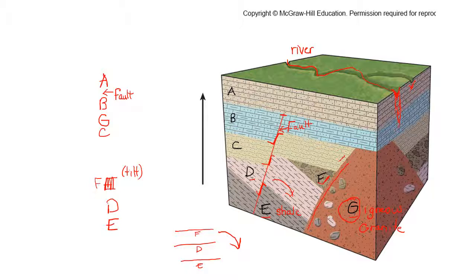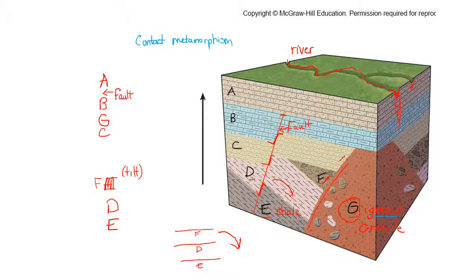Identify a place on the diagram and mark it with an X where contact metamorphism might have occurred. We'll do light blue. Remember, contact metamorphism is rock that has been changed due to contact with something hot. Where did we have something hot? Right here.